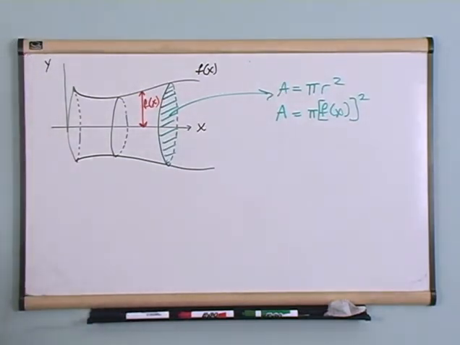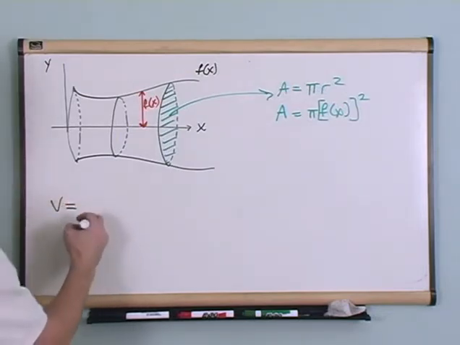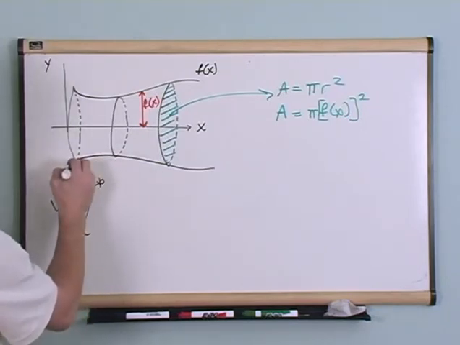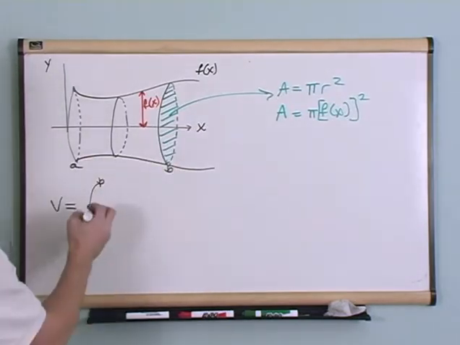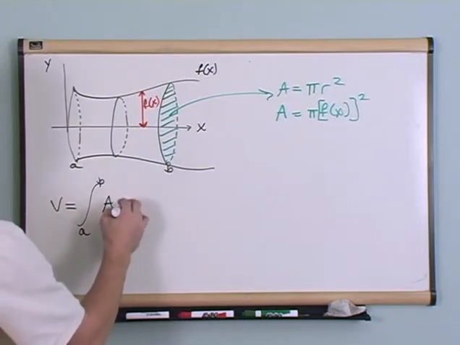I'm going to tell you what the answer is, and then we're going to talk about it. The volume of this vessel can be defined by an integral from A to B, where x is equal to A and x is equal to B along the curve, of the cross-sectional area over dx.